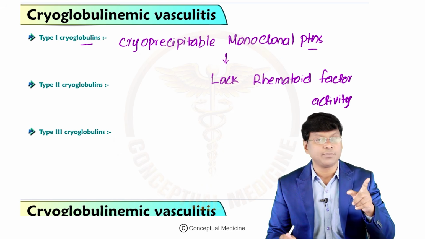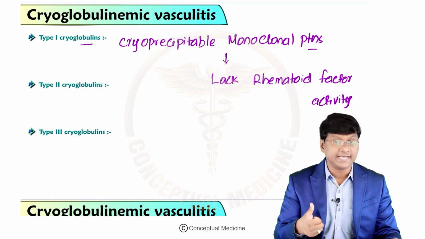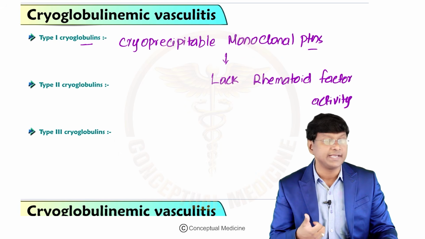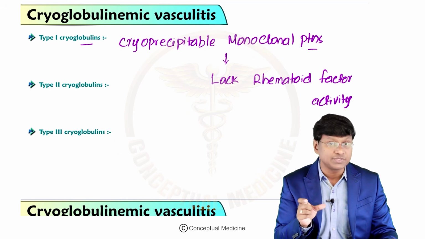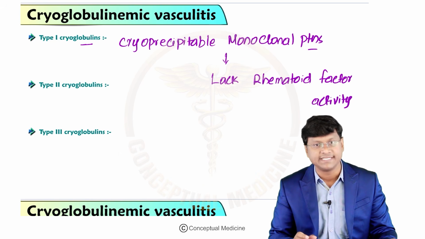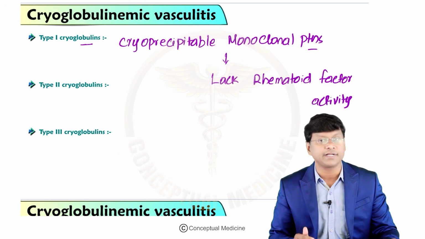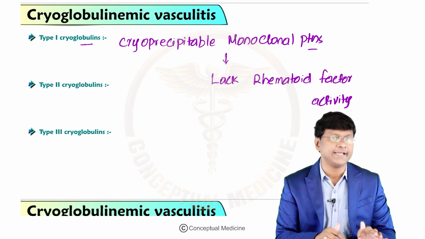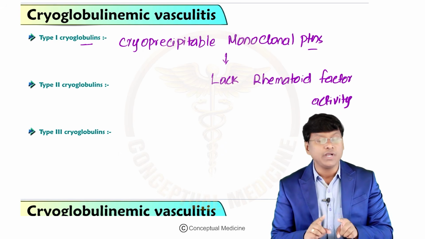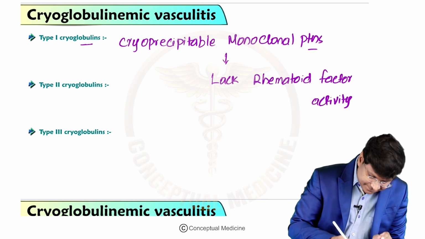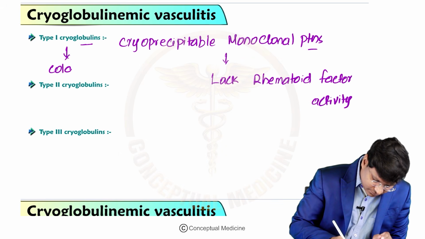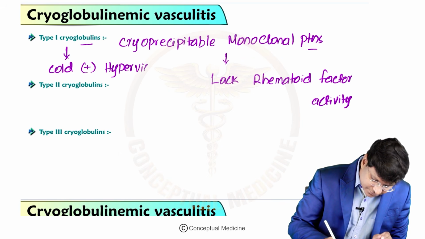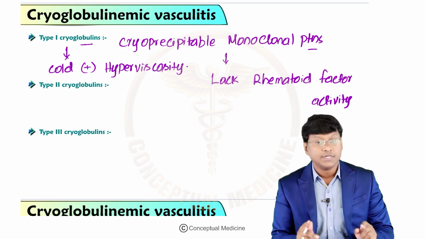What did I tell you about cryoglobulins? Cryoglobulins are nothing but immune complexes, a complex of the rheumatoid factor and IgG. But type 1 cryoglobulins lack the rheumatoid factor activity. They cause cold-induced hyperviscosity syndromes, not vasculitis.